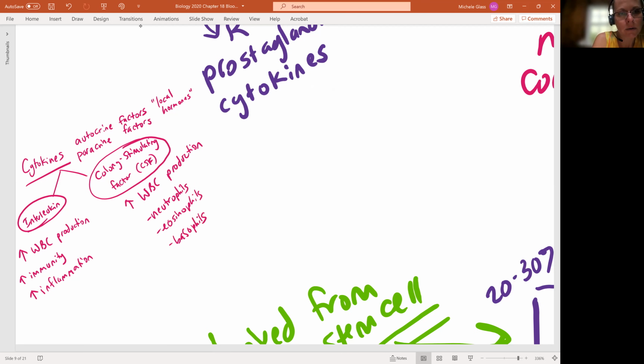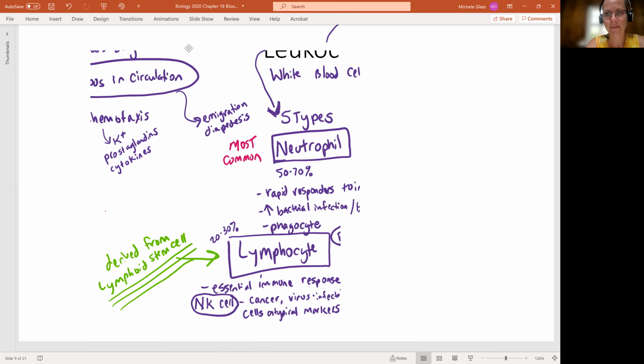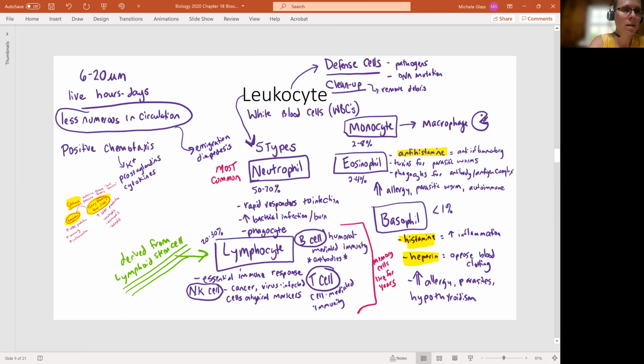So with autocrine and paracrine factors, that means we're getting these released right there at the location of the damage or the infection that's occurred. And we can real quickly remind ourselves of what we talked about.